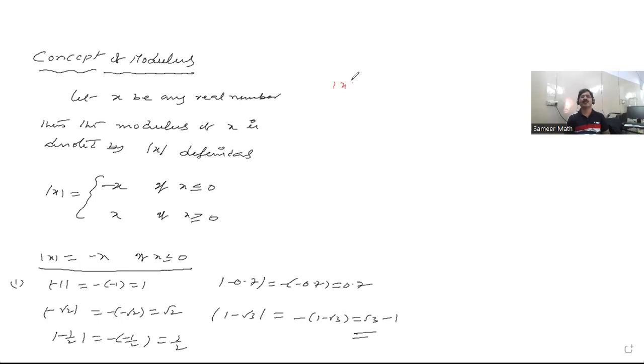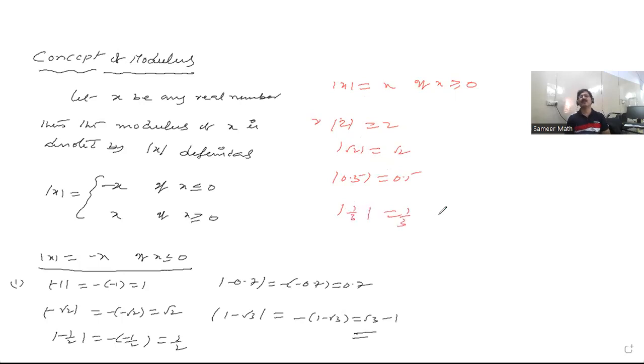Second definition: mod x is equal to x, when x is greater than or equal to 0. Take it like this. Mod 2 is equal to 2. Mod root 2 is equal to root 2. Mod 0.5 is equal to 0.5. Mod 1 by 3 is equal to 1 by 3.